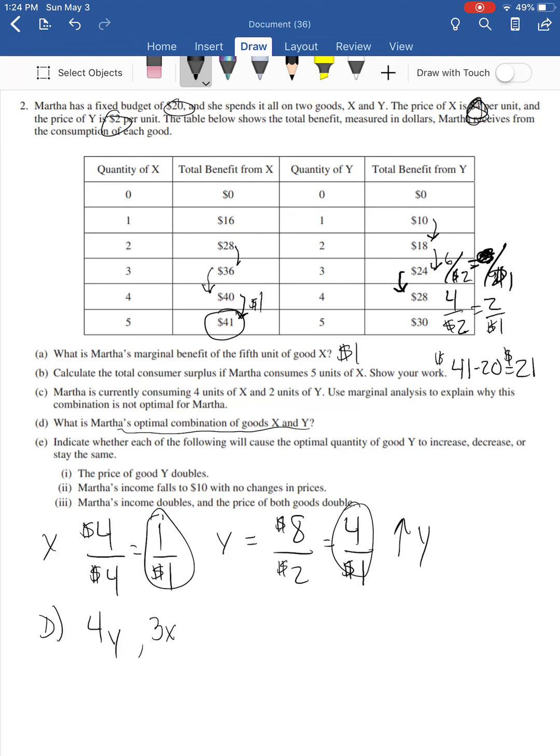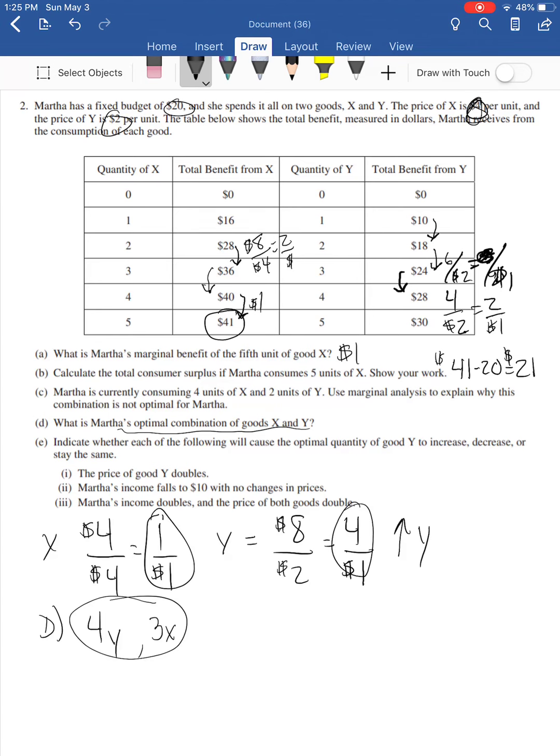I see an increase of 8 here. So it's an $8 increase in benefit with a $4 expenditure. So it's 2 units of benefit per dollar, and that's where they're equal. So that's going to be my best combination. And you can look and make sure that you're spending the entire $20 there.